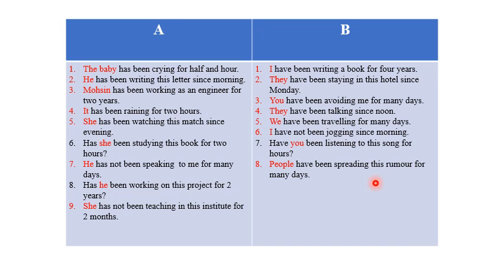Now look at this. See that the table is arranged in relation to the subject. In column A, we have singular subjects. In column B, we have plural subjects. But again, I is included in the plural subjects.